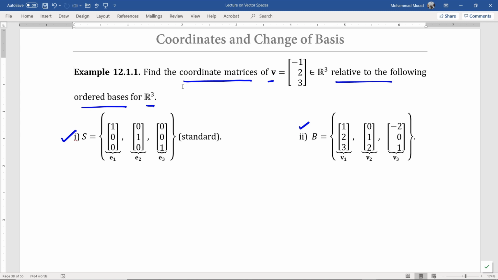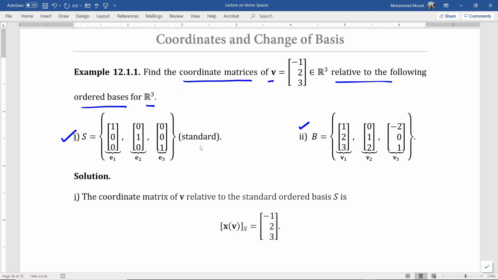Let's have a look at the solution. As we mentioned just a moment ago, the coordinate matrix of the vector v relative to the standard basis S is exactly the same as the vector itself.